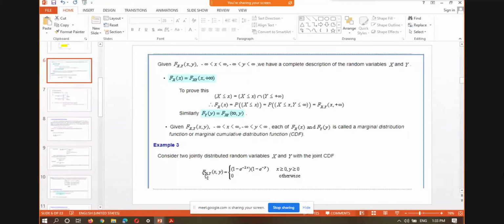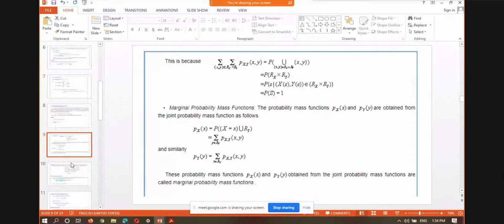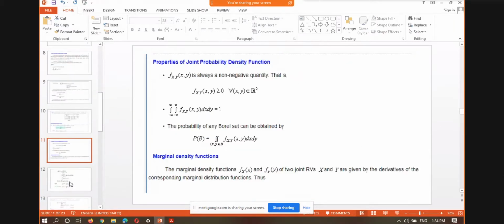Here in example 3, only the joint distribution is given to you, and you have to calculate the joint density function. You know how to calculate it by using f of xy = del 2 over del x del y of capital F of xy.